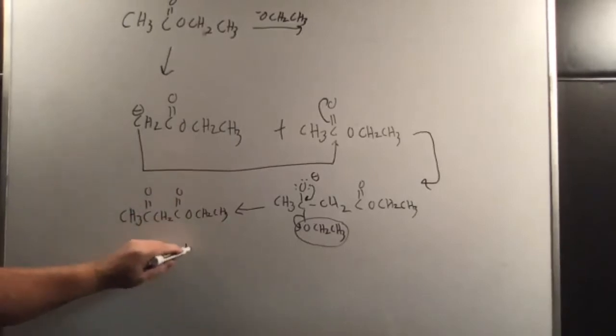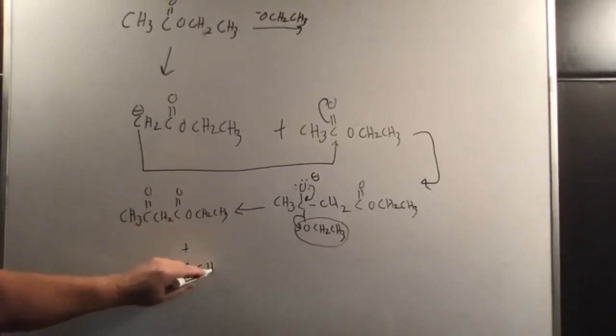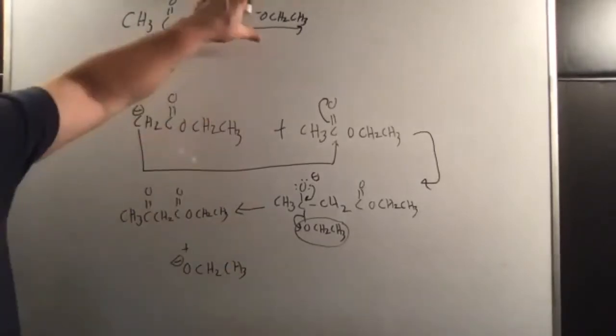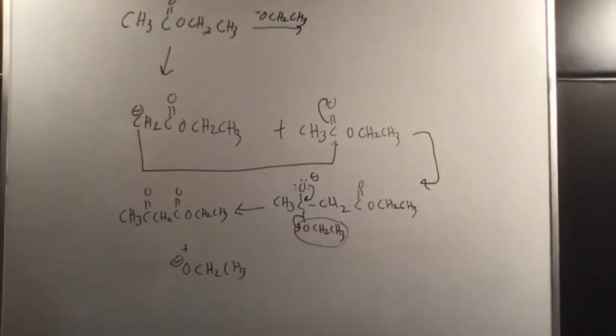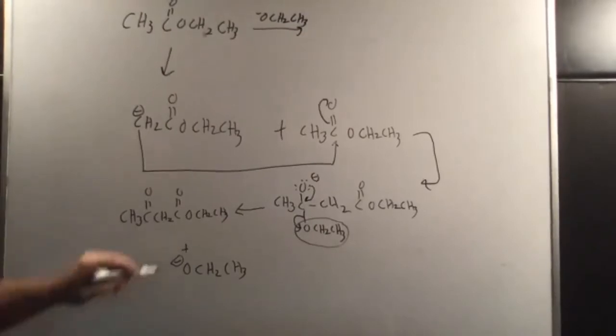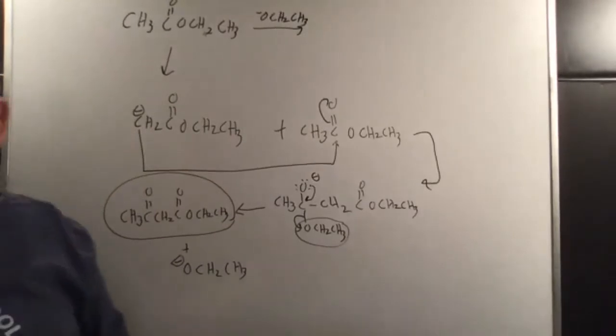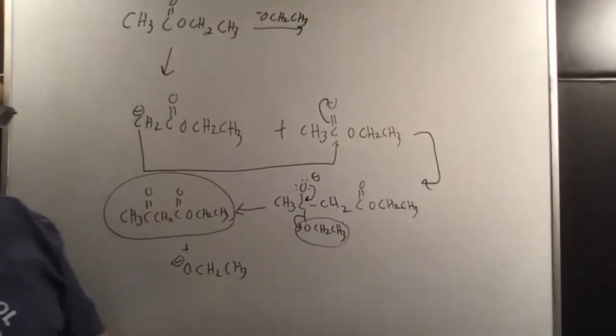And then the other product, again, is the OCH2CH3 minus. And again, that goes back and does the reaction again. So notice what the product is of this ester condensation. This is called the Claisen condensation.